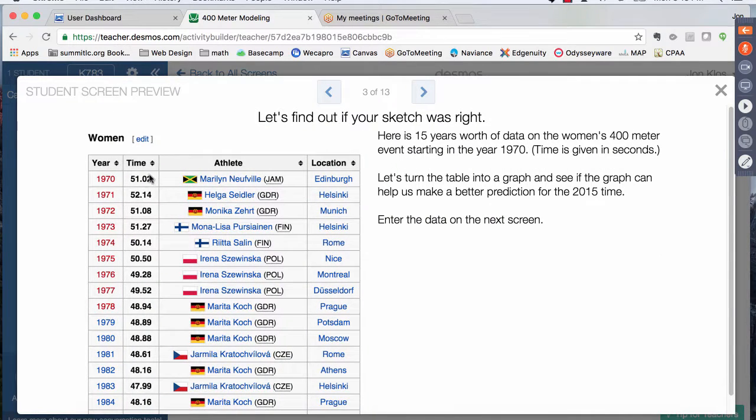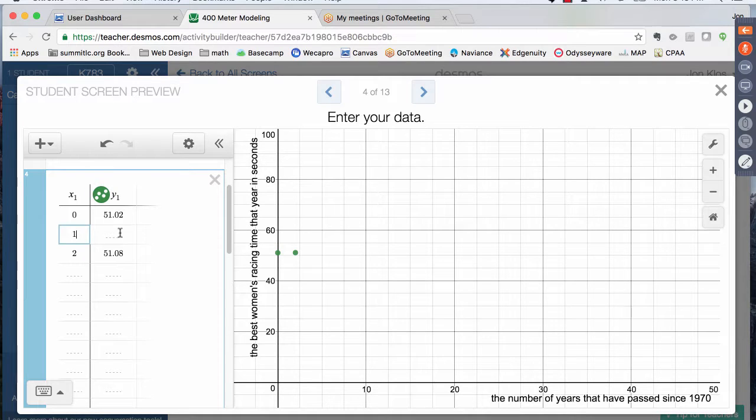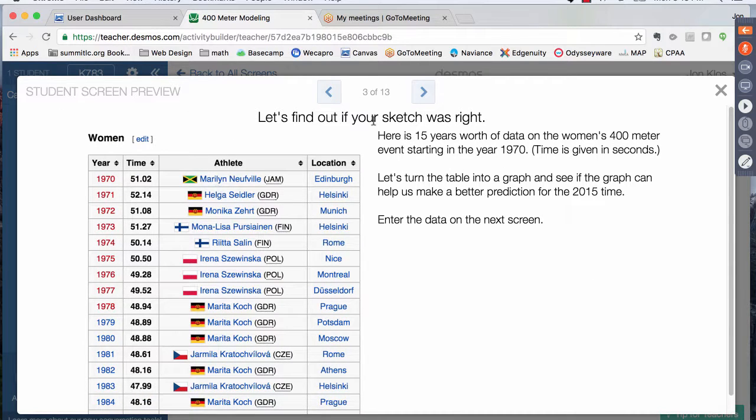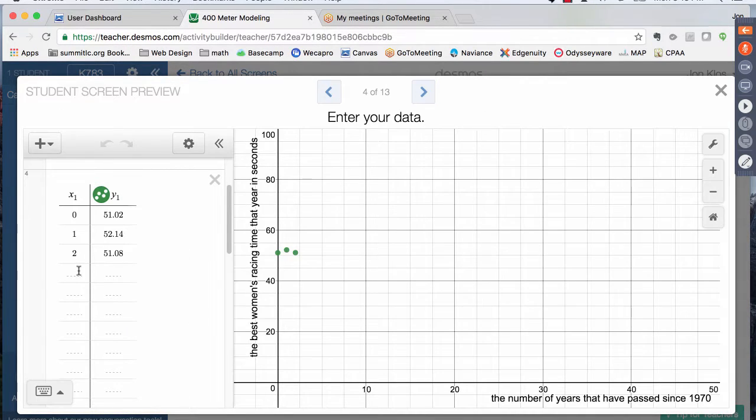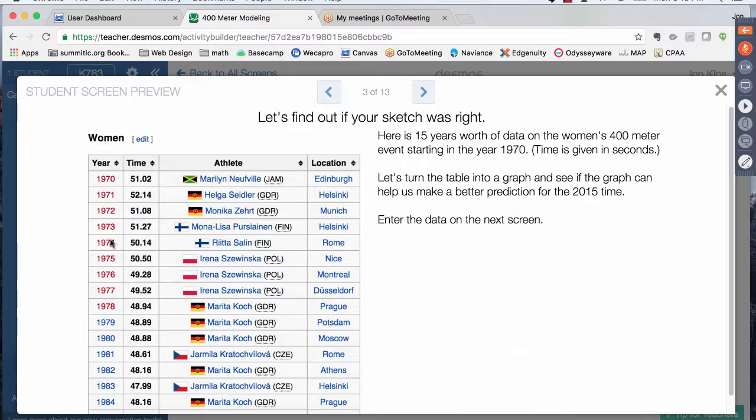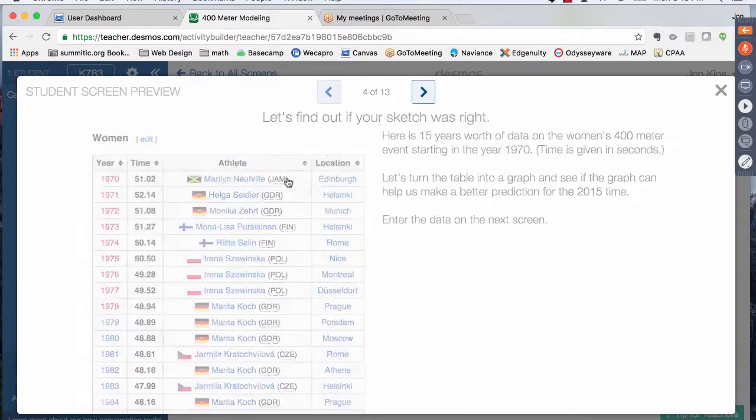So here I would do 1 year, and it was 52.14. And you just go back and forth. Let me do a few more for you. 73 was 51.27. And 74 was 50.14.